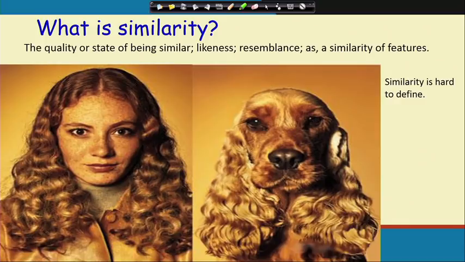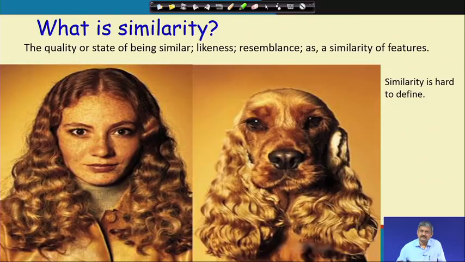So, first you have to define what is similarity. Naturally it will depend on the attributes or the features of the objects between which you find similarity. For example, here if you are looking at the texture of the images or the color of the images or the position of the eyes in the images, they are similar.